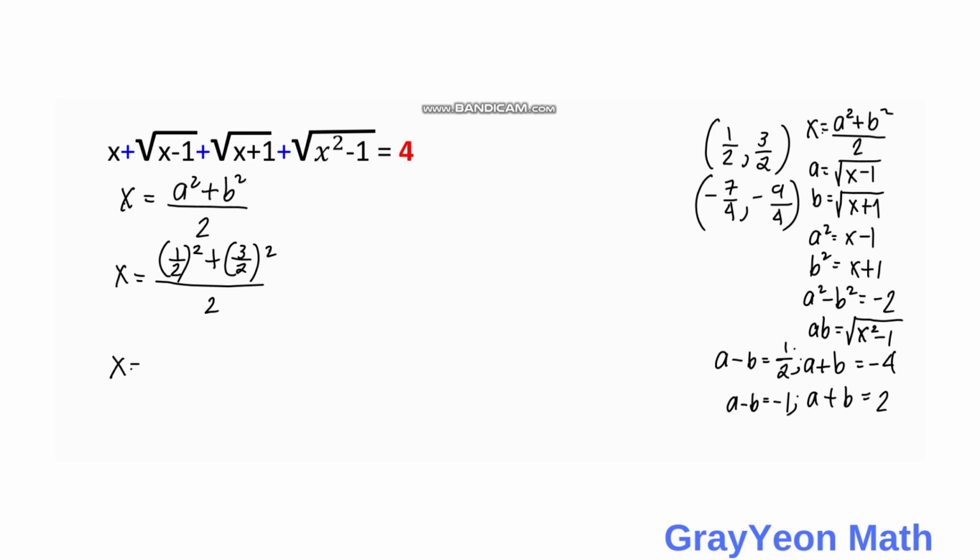So x is equal to 1 over 4 plus 9 over 4, then divided by 2 or multiplied by 1 half. So we have 10 over 4 times 1 half. Then x is equal to 10 divided by 2, which is 5. So x is equal to 5 over 4 for the first case.